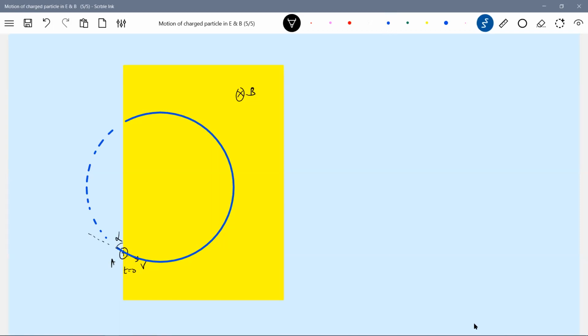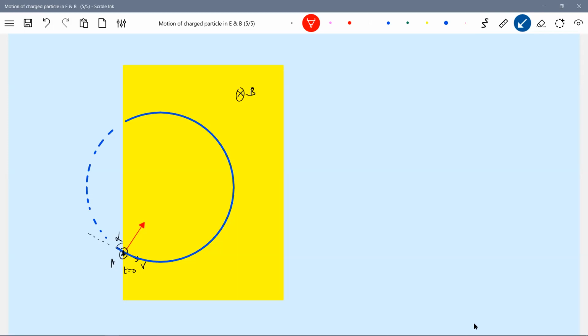Sir, how can you predict all these things? Sir, how should a student get an idea? Okay, well, we have a method. Let's follow that method. At the moment at A, the force will act here. So looking at this force, the center of curvature will lie somewhere inside the magnetic field.